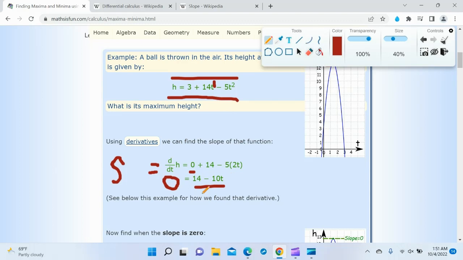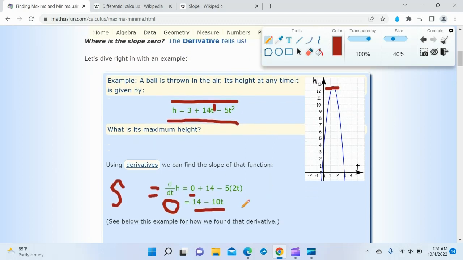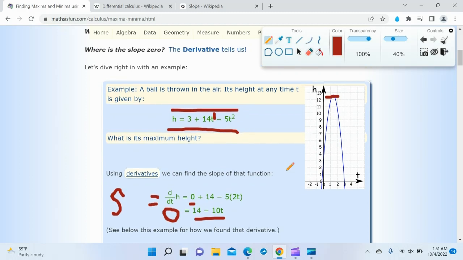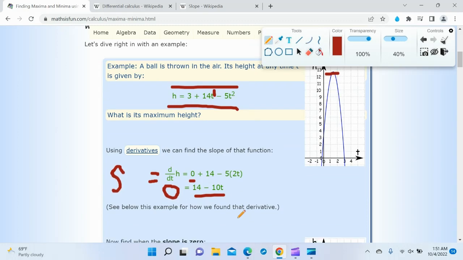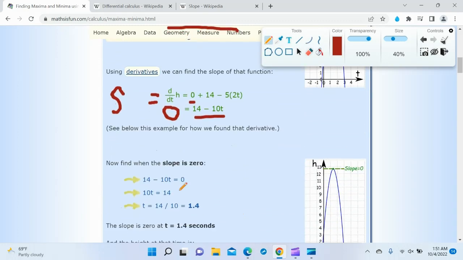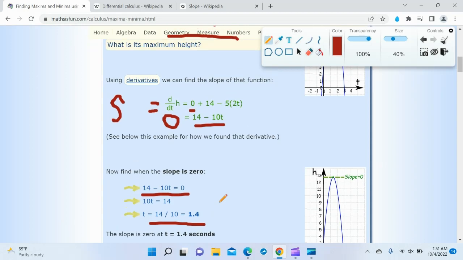And for that slope, whichever value makes it 0, that will give the maximum height of this graph. Basically any graph it could be, but for that slope equal to 0, from this equation we can calculate the value of t. See, t is equal to 1.4. Now we got the value of t.